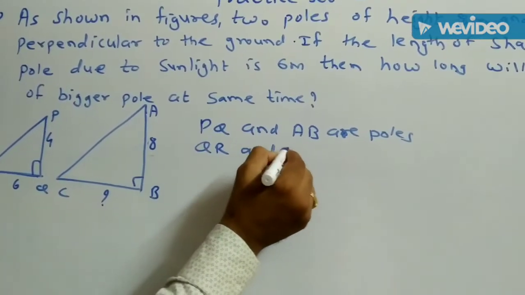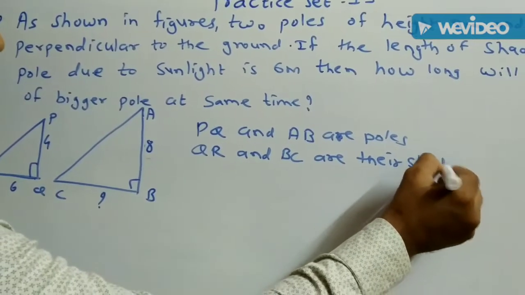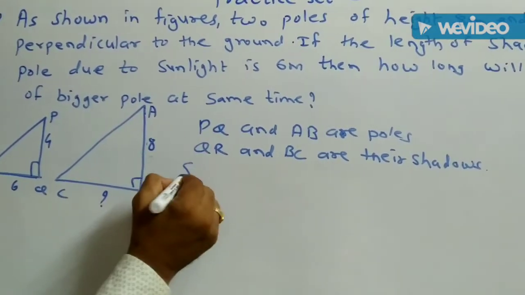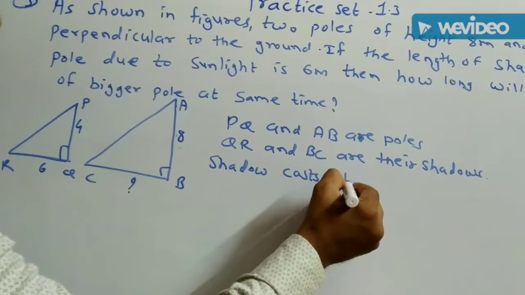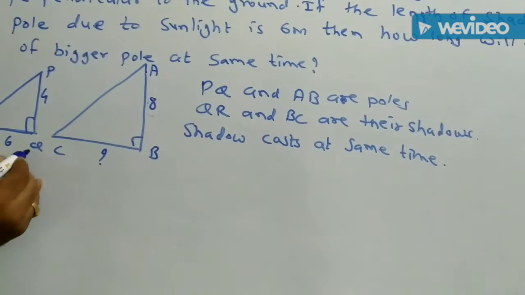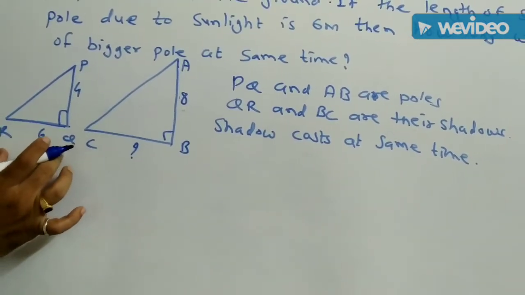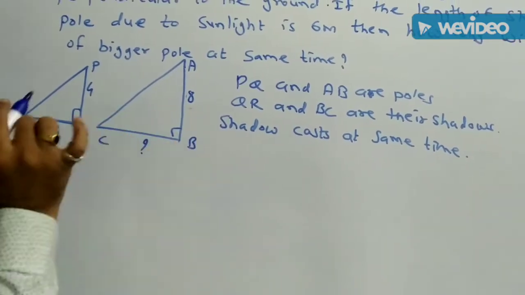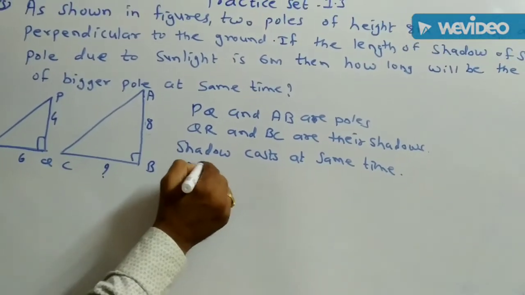Given is shadows cast at the same time. Length of the shadow of the smaller pole is 6, and we have to find the length of the shadow of the bigger pole, and both the triangles are similar to each other.